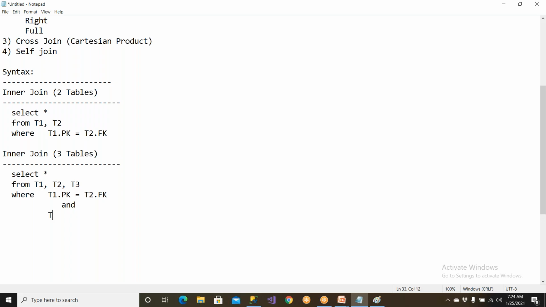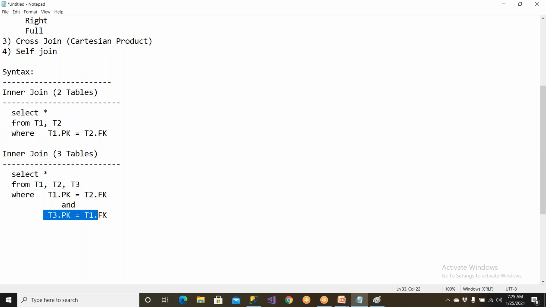and T3 dot primary key. So the T3 table has to join with some table, right? Because this and this is joined, but this has to join either this with this or with this, anything. So T3 has to join either T2's foreign key or T1's foreign key. You need to have either one of the tables. So this and this is joined, and this and this is joined.